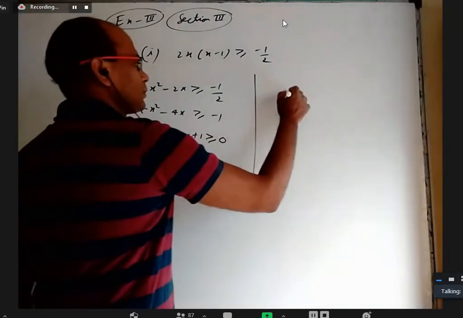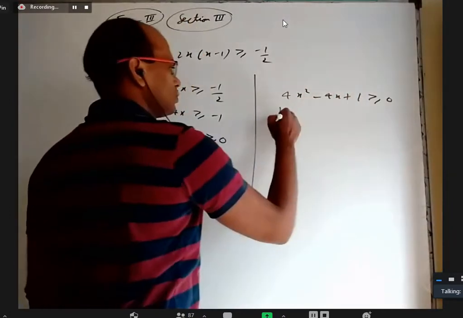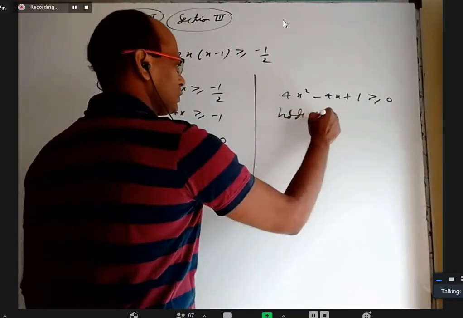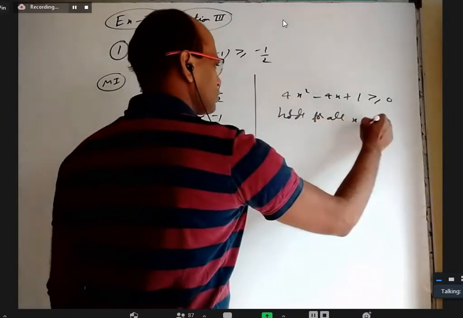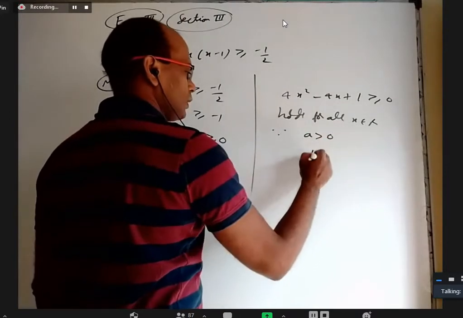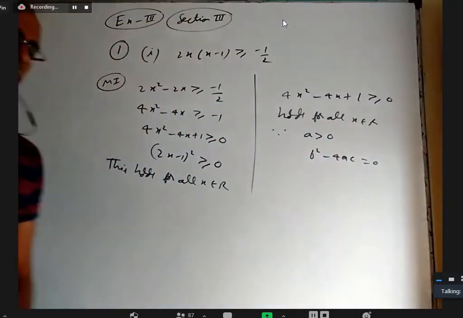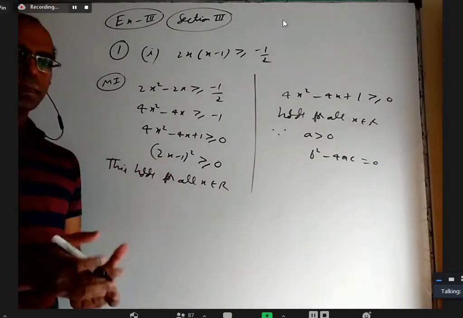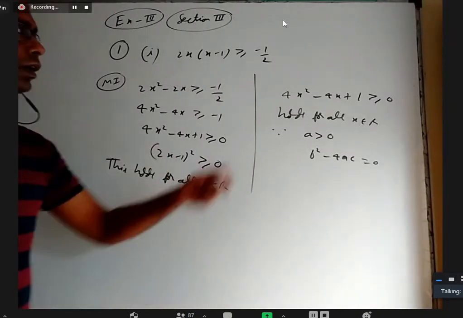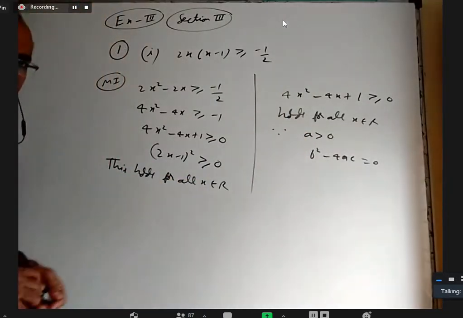Almost the same: 4x square minus 4x plus 1 is greater than or equal to 0 holds for all x belongs to R since a is greater than 0 and b square minus 4ac equals 0. Either you find the perfect square and then say so, or just say a is positive and b square minus 4ac is 0, that's why it's greater than or equal to 0. So that's fine.